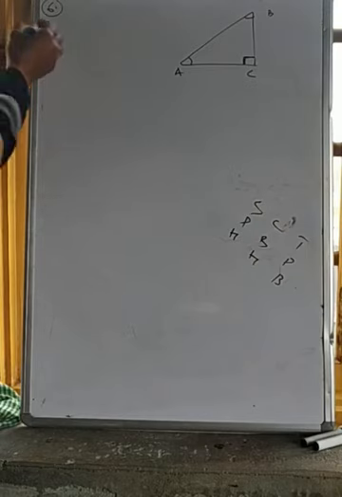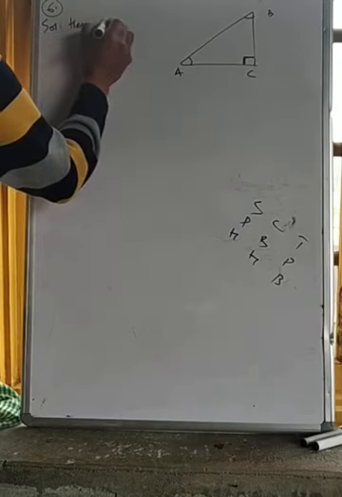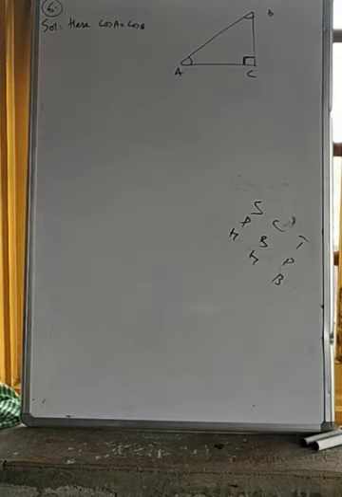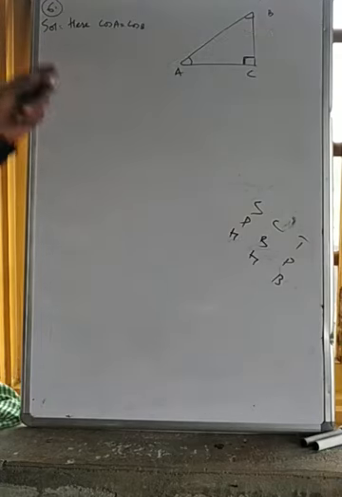We are given cos A is equal to cos B. We have to show that angle A is equal to angle B.